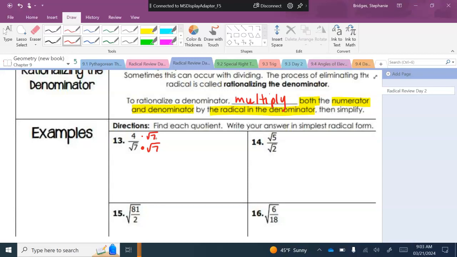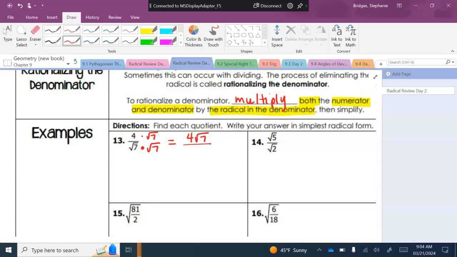But what I can do is just multiply 4 times the square root of 7, and it stays just like that, 4 times the square root of 7. That's technically multiplying them, but we can't actually do 4 times 7 and put 28 because the 4 is not under a square root sign, the 7 is. Kind of okay? All right.